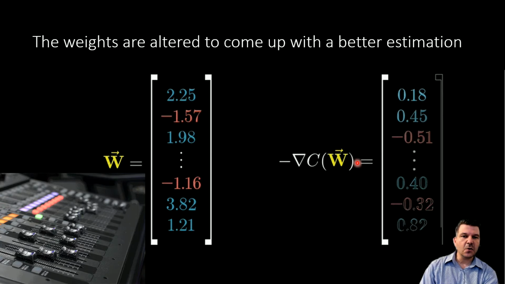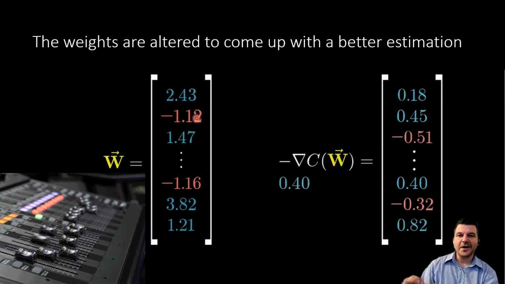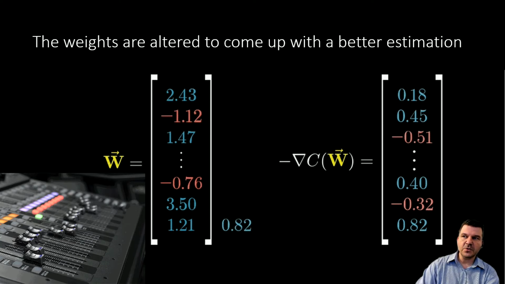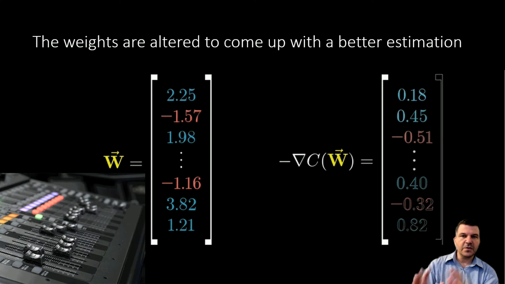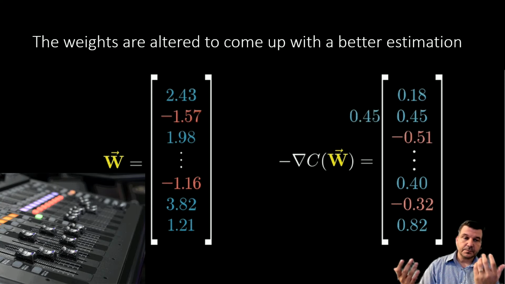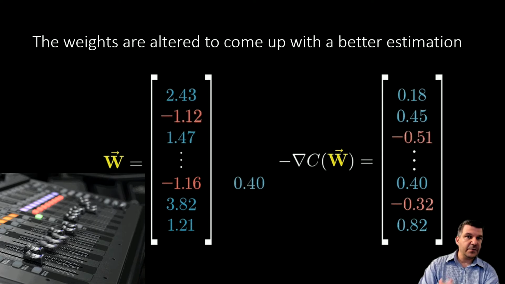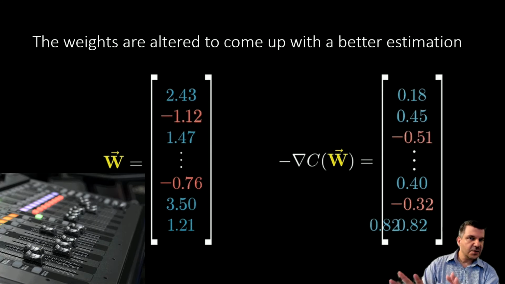Based on our error, we get our derivatives, and based on these derivatives, we alter our weights in order to come up with a new function that will produce a smaller error. So this is what happens during the back propagation at our gradient descent. Okay, so that's all about gradient descent, and now we continue.